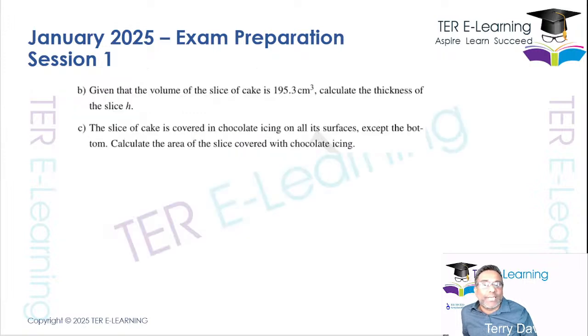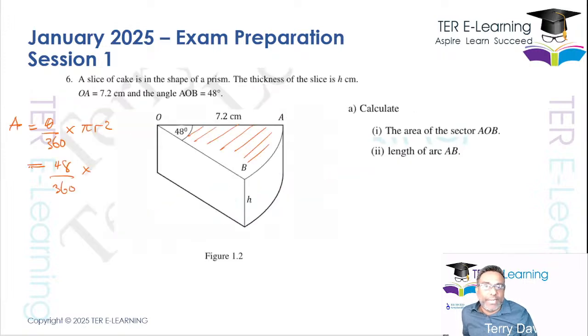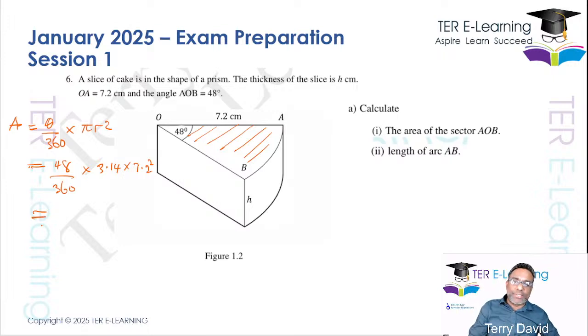Normally in the question, they will tell you what to take pi as. Yes, we're going to take pi as 3.14. Need to put that in the question. Multiplied by the radius squared, so that's 7.2 squared. Make sure you know how to work this in a calculator. So this is 48 over 360 multiplied by 3.14 multiplied by 7.2 squared.